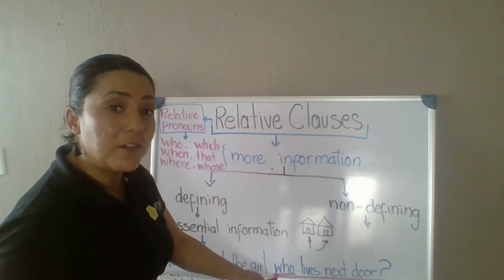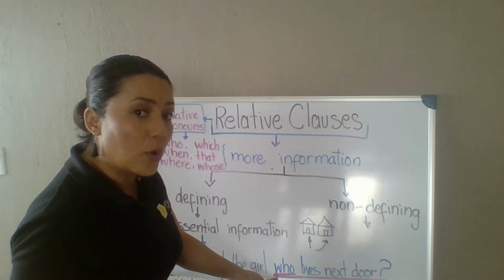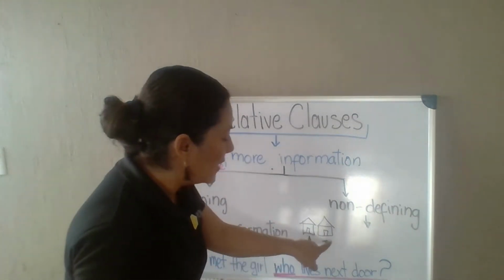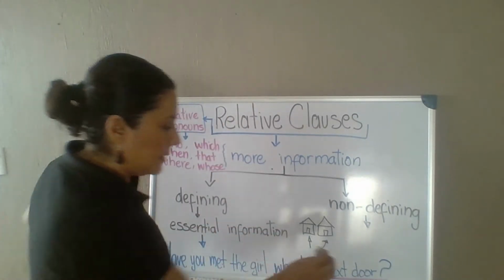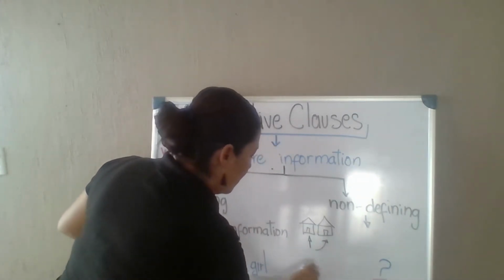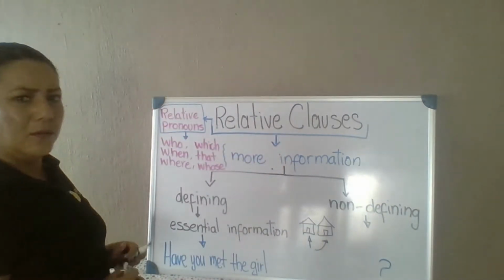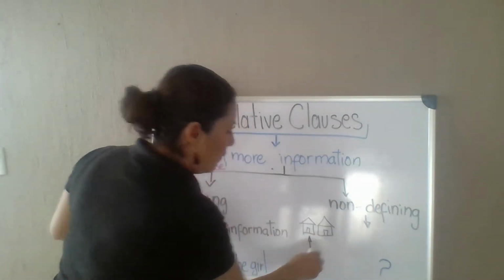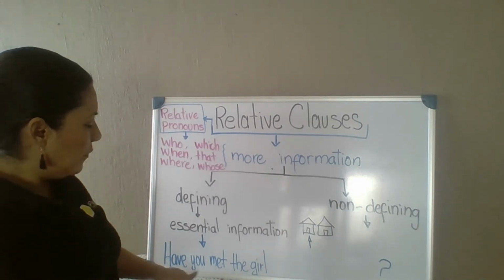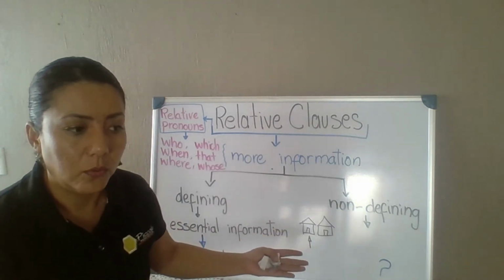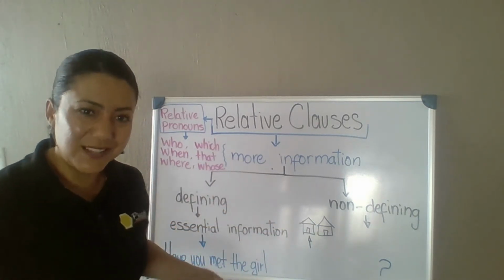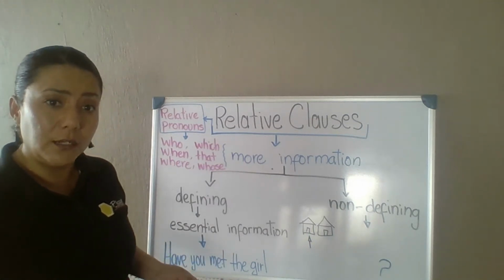So this relative clause is giving us extra information. Which girl? Ah, the girl who lives next door. But what happens if we leave this out? Erase this part. Do we still have that idea clear who we're talking about? I don't know. Let's read. Have you met the girl? Is that clear? Is that complete so you understand?